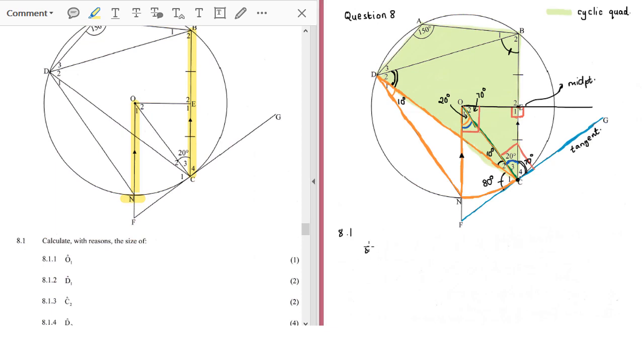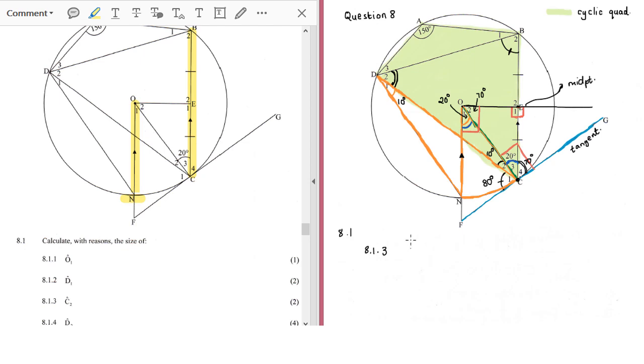Right, question 8.1.3 is asking you to calculate the size of angle C2. Okay, so let's find where angle C2 is. Well, angle C2 is that small little angle in there. We already calculated that it is equal to 10 degrees, right? But now we basically need to state the reason why we said that. Well, the way that we found this 10 degrees is that we used the opposite angles of a cyclic quad.